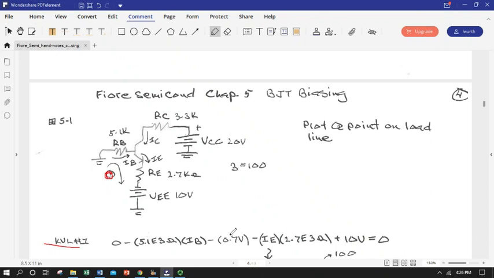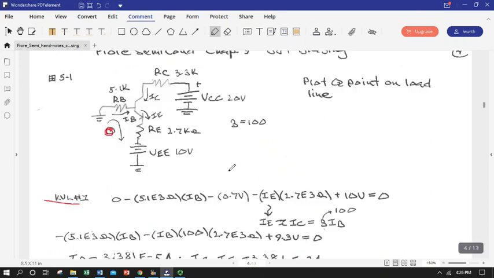We're going to drop the base emitter junction, which we're going to assume is 0.7 volts, because we're going to assume we have a silicon device if we don't know otherwise. Then we're going to drop voltage equal to the emitter current times the emitter resistor. Then we're going to rise 10 volts going through the emitter supply.